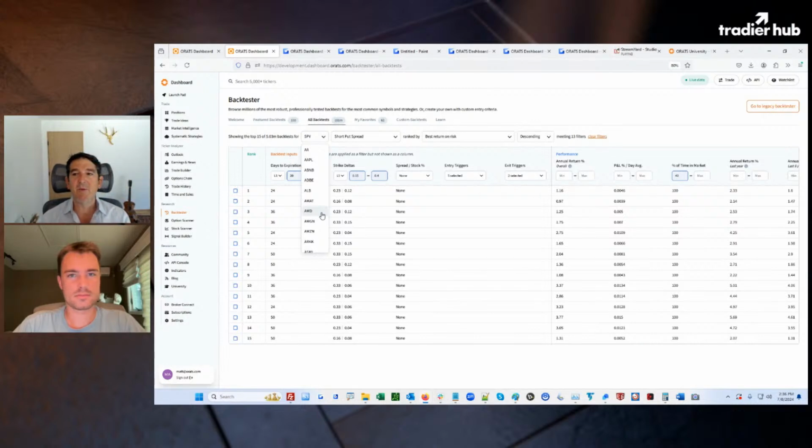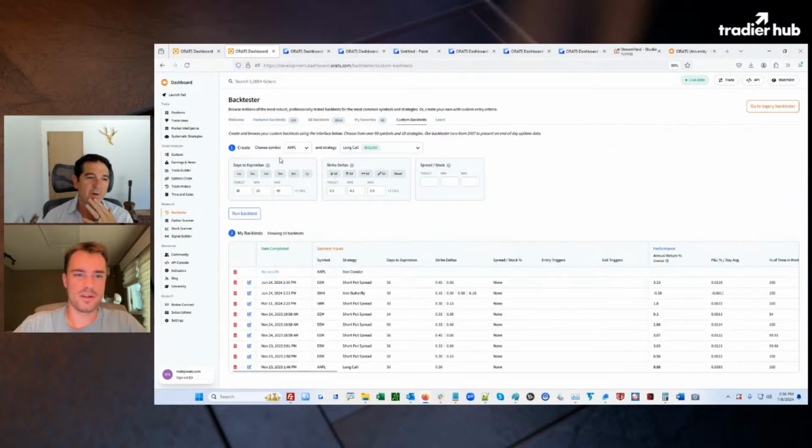I like to find similar backtests to make sure we're not overfitting, but now you could do the same strategy in a lot of different underlying stocks and see how those do. So I think that's really, really neat to do. Yeah, it's definitely a very powerful tool. And at the end of the day, if you want to run a custom backtest, you can do that as well. You can just click on one that you like, click edit, and it'll autofill all those parameters in there. Yeah. Cool.